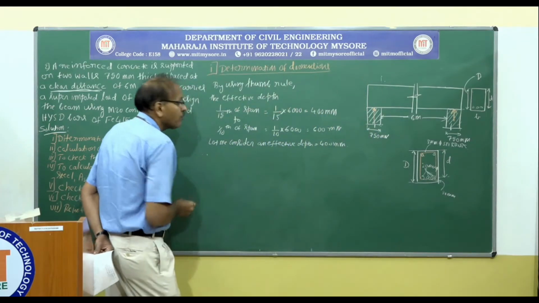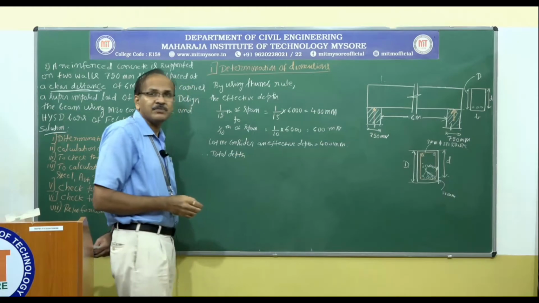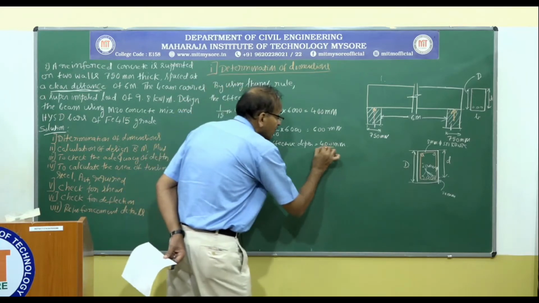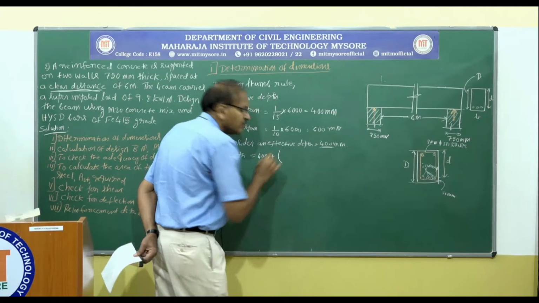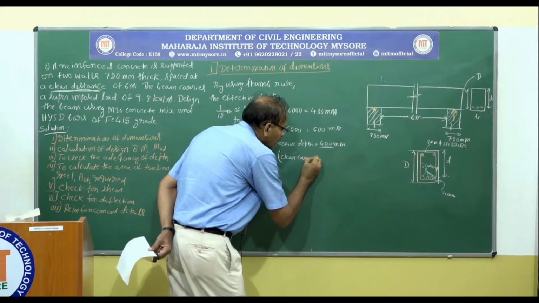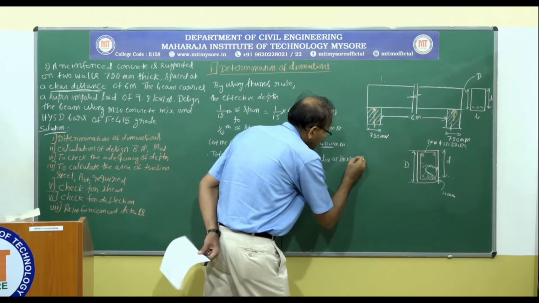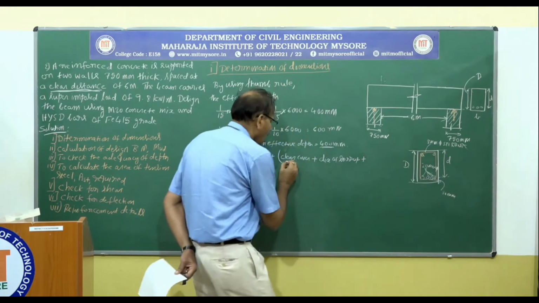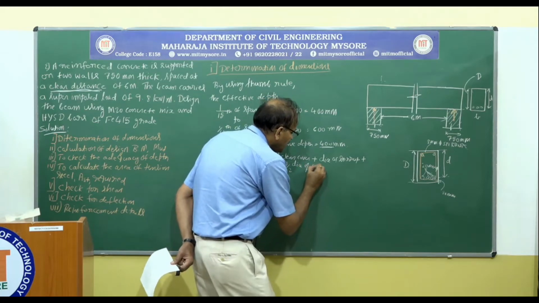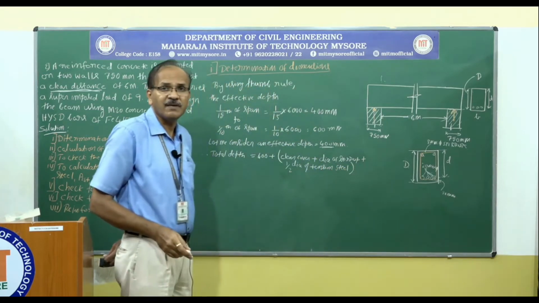Therefore, total depth equal to effective depth 400 plus clear cover plus dia of stirrup plus half the diameter of tension steel.